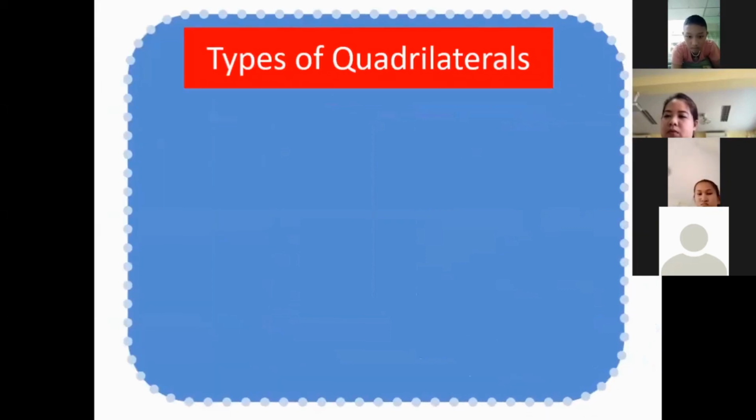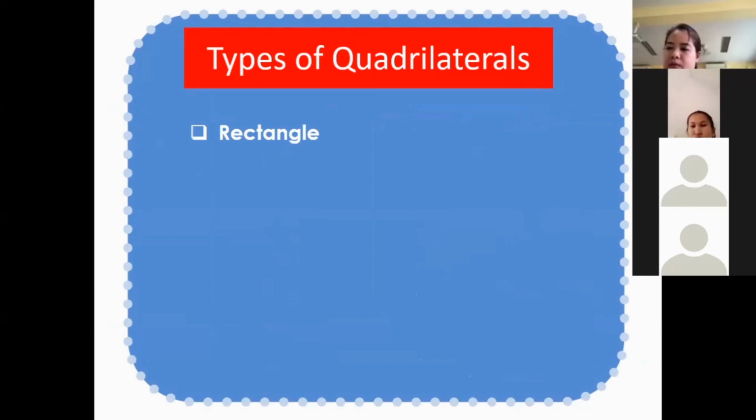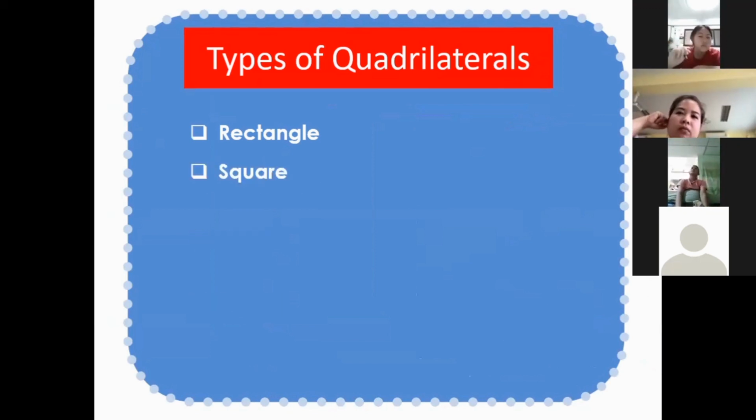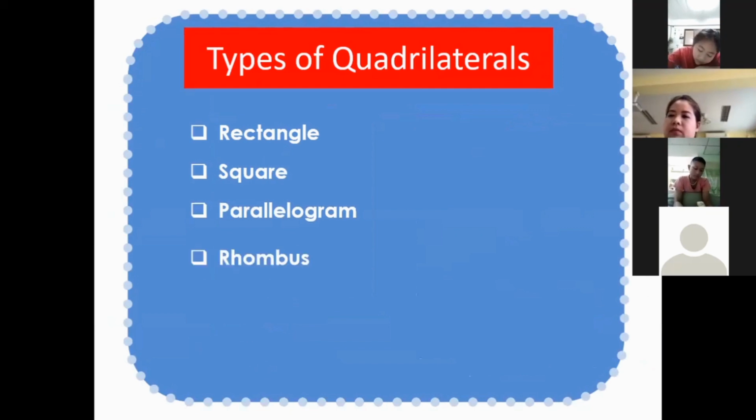Okay, here are the types of quadrilaterals. First, rectangle. Second, square. Third, parallelogram. Fourth, rhombus. Next, kite.